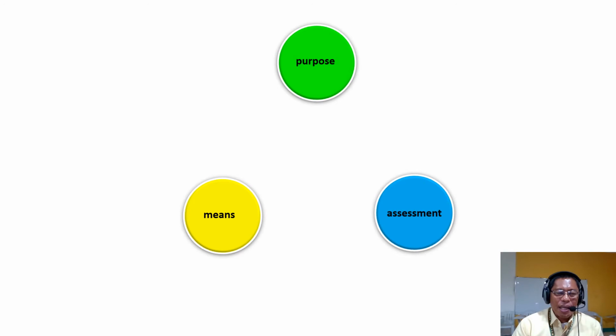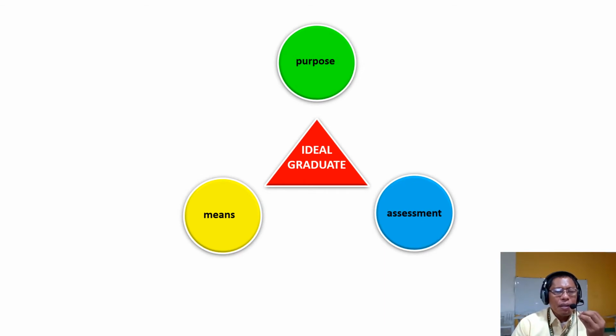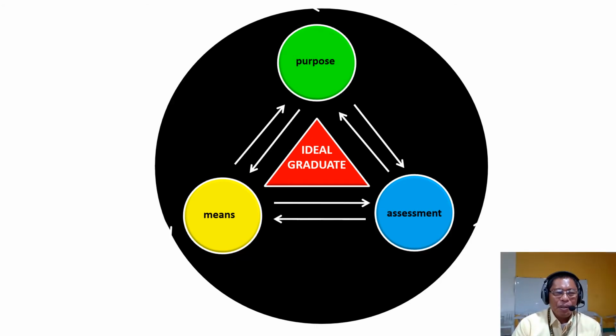Purpose, means, and assessment are always, what do you call this? They are in a constant state of interplay with each other. Yan, ganyan. Interplay. Purpose, assessment, purpose and means, means and assessment.